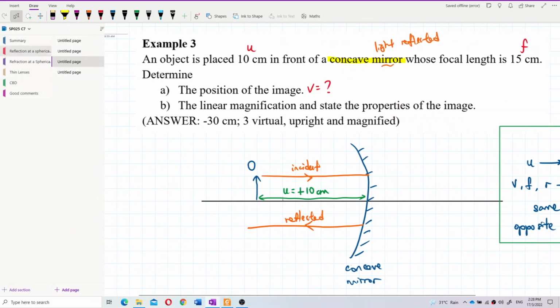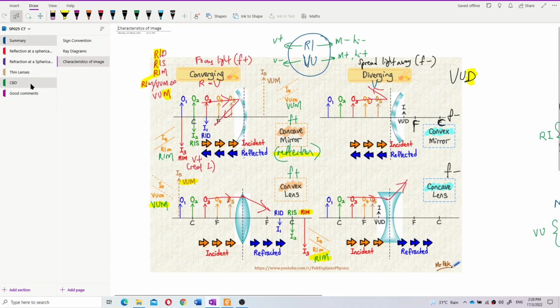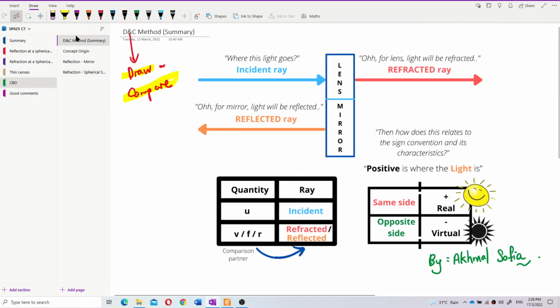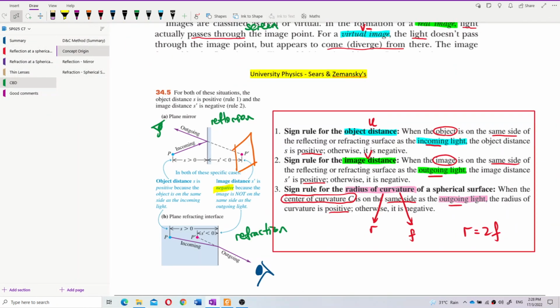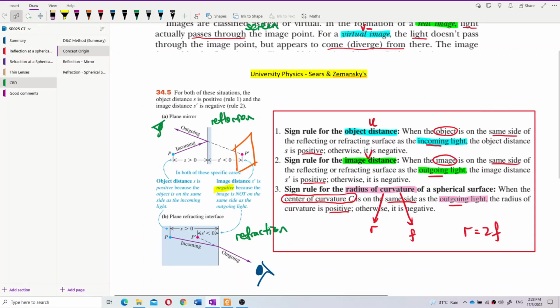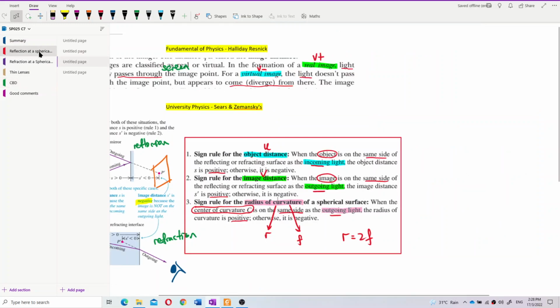Still remember, I told you the radius of curvature also compares with the outgoing light. If the center of curvature is on the same side as the outgoing light, the radius should be positive. That's the rule.